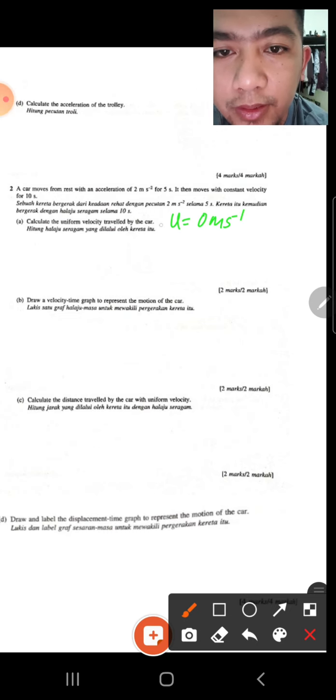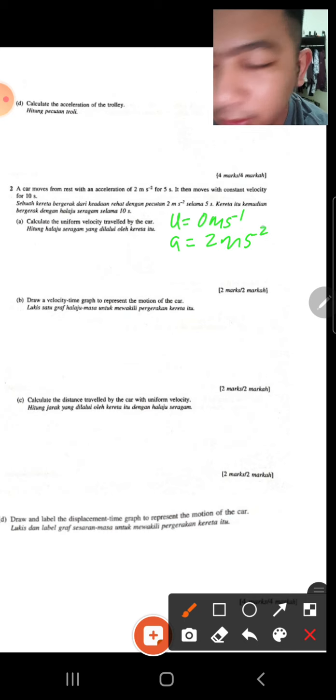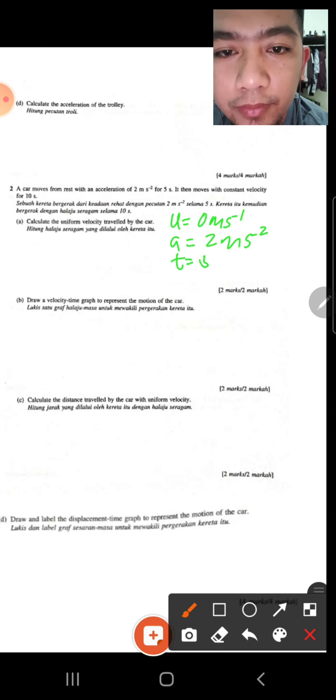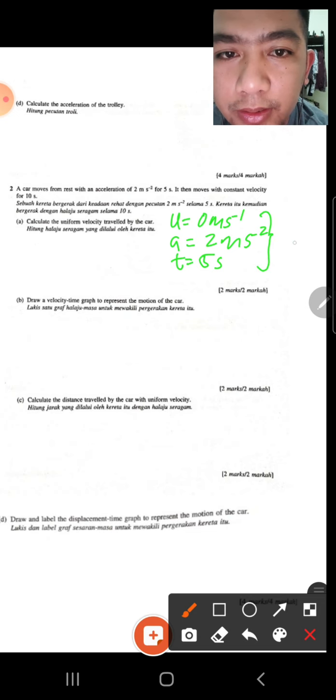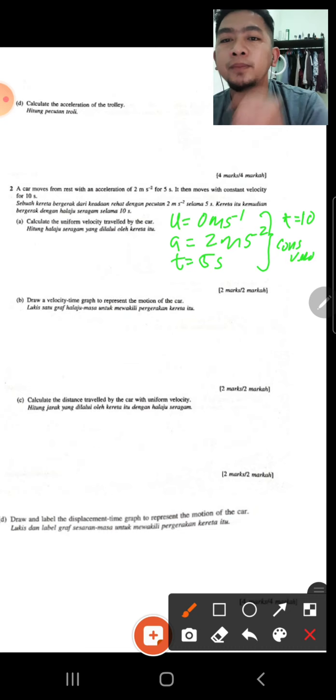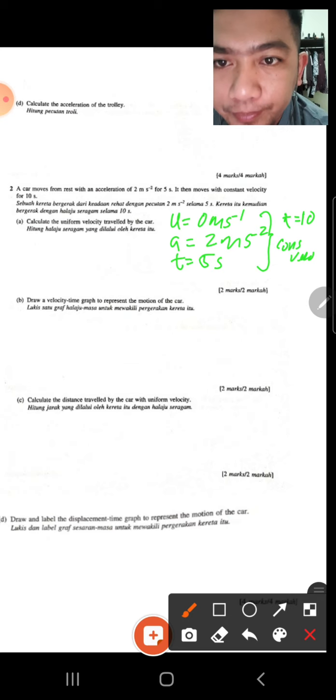Then it gave the acceleration, 2 meter per second square, and the time, 5 second. It then moves with constant velocity for 10 second. After this situation, it keeps moving for 10 second with constant velocity. Okay, our information is out.